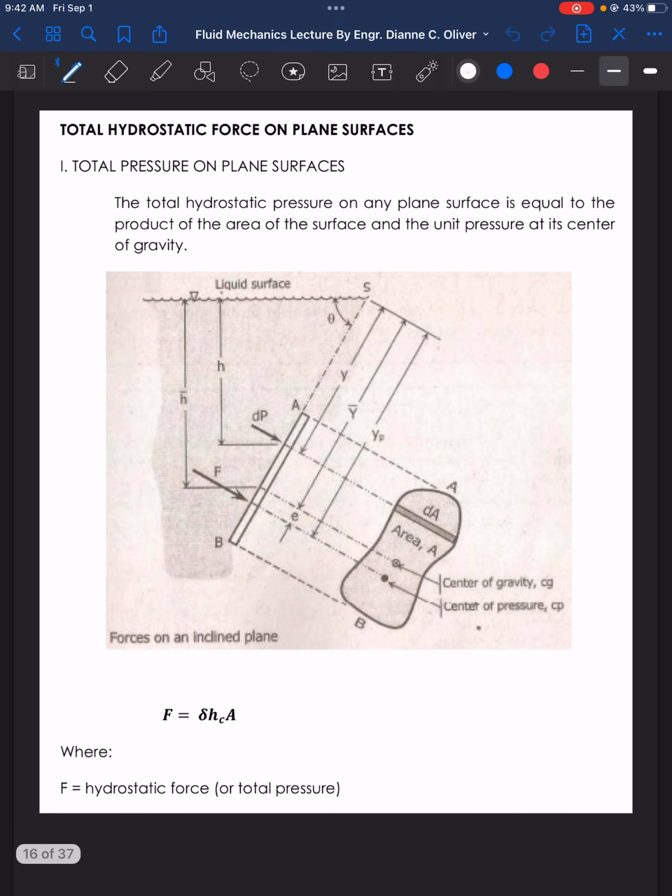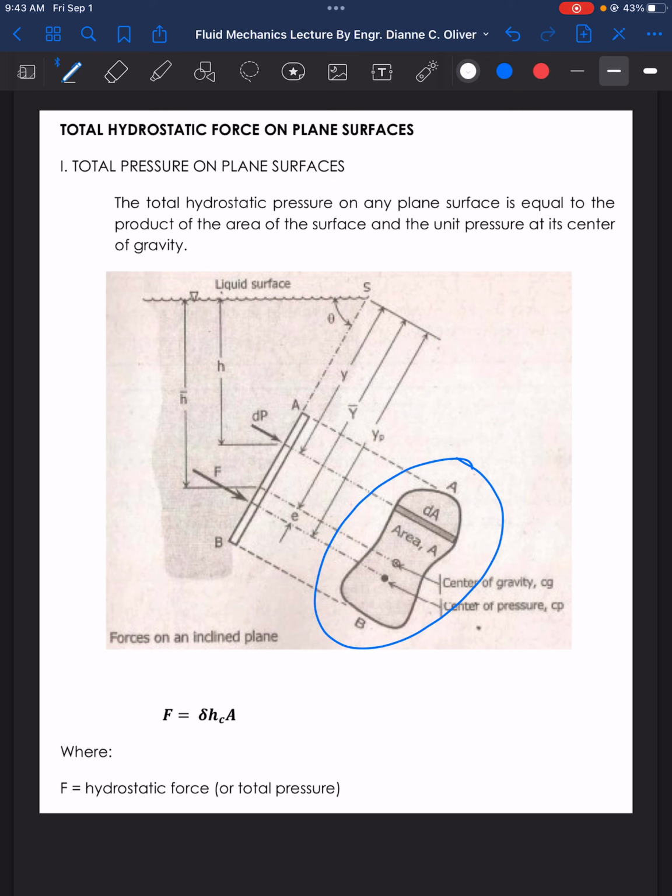So we have here the total pressure on plane surfaces. The total hydrostatic pressure on any plane surface is equal to the product of the area of the surface and the unit pressure at its center of gravity. Take for example, if we submerge a body of irregular shape, the force is equal to the pressure times the area.